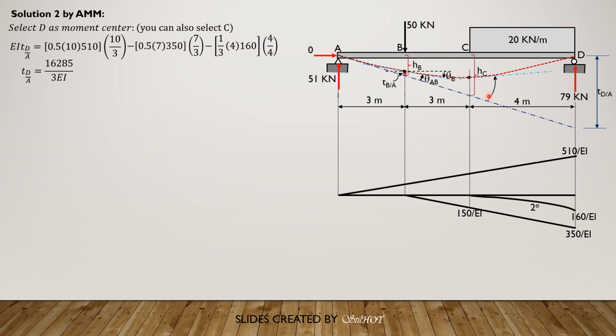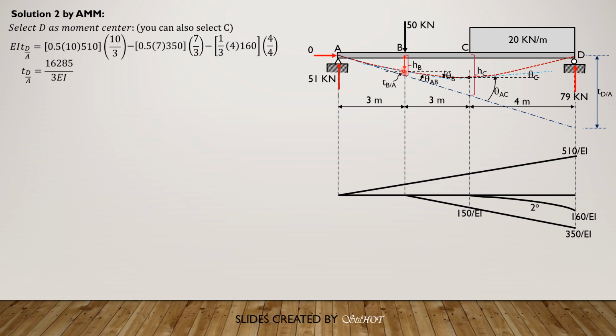And this is the tangent at C. This is the tangent at A to the tangent at C, so the rotation is counterclockwise, so of course it is expected positive. It is equal to the area between A and C. Then the horizontal line through the point on the elastic curve at C: if the rotation from this horizontal line to the tangent at C is counterclockwise, then theta C is expected positive.